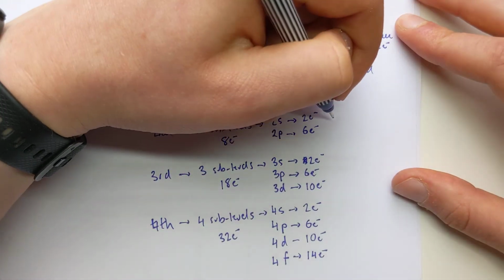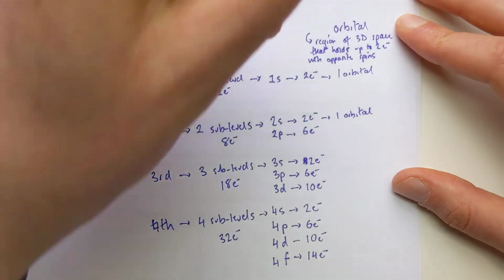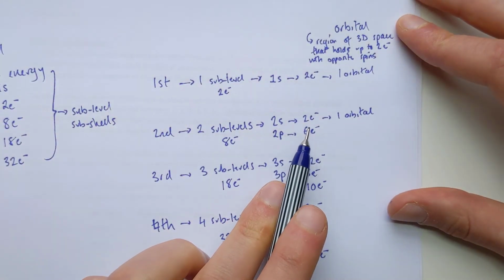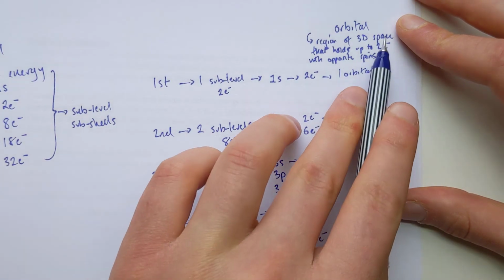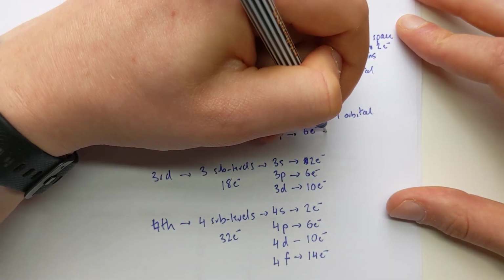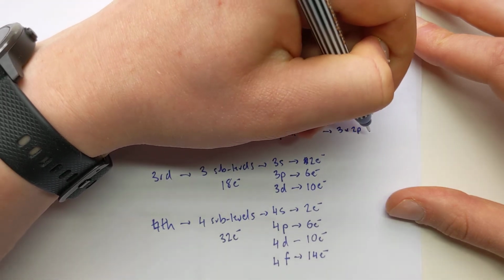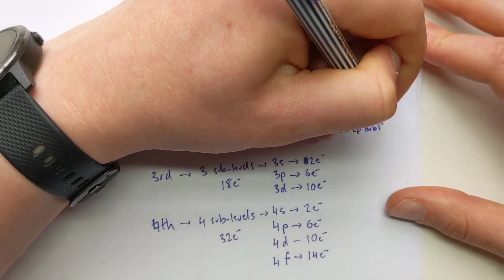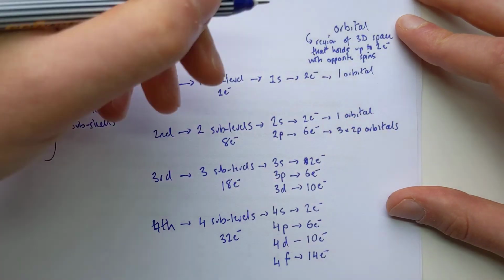And that'll be the same for the 2s, it holds up to 2 electrons, it must be just 1 orbital. However, when we get to 2p, it holds up to 6 electrons. It's made up of orbitals, but orbitals only hold up to 2 electrons. Therefore, there must be 3 2p orbitals making up that sublevel, because 3 times 2 electrons means 6 electrons.